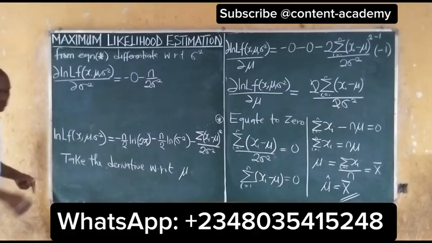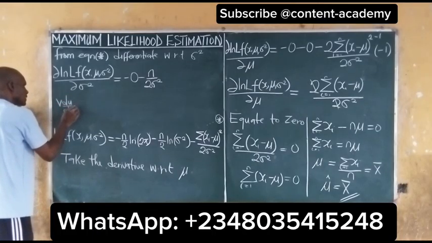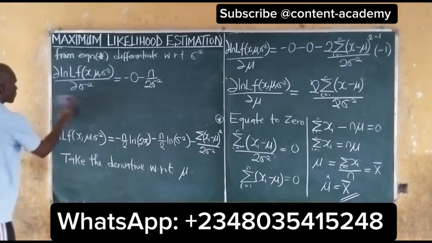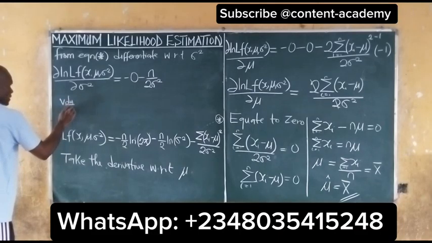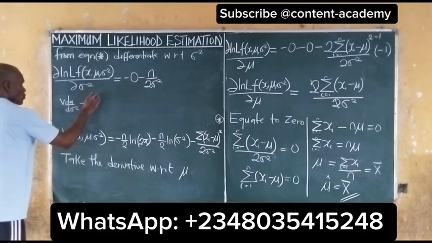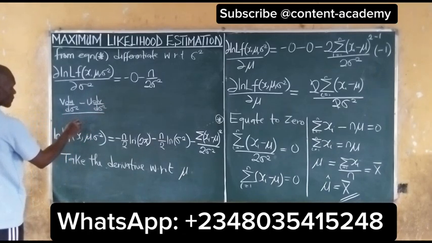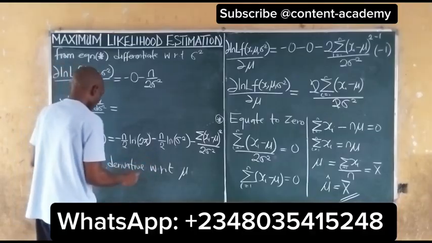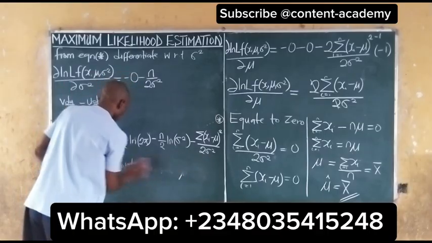Now, that quotient rule states that v du over d sigma squared minus u dv over d sigma squared, all over v squared, and this is equal to, now let's take this to be our u and take this to be our v.